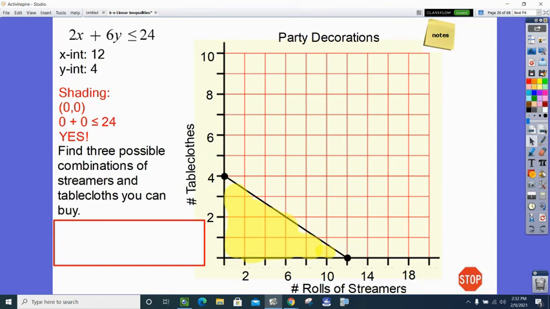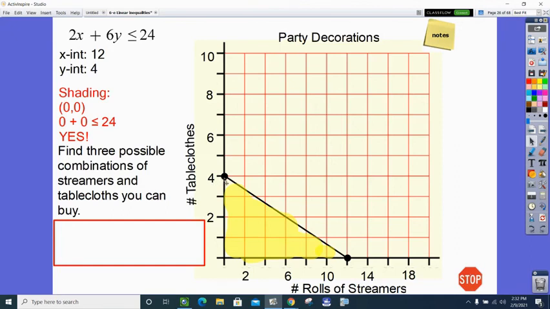The whole point of doing this was to find 3 possible combinations of streamers and tablecloths you can buy. Not every single point in the yellow region is going to be good because you can't rip open a roll of streamers and pull some of them off. So only the points on the crosshairs are going to work.